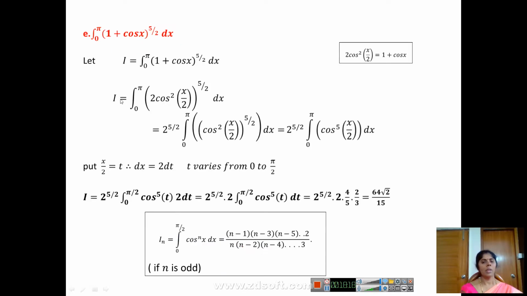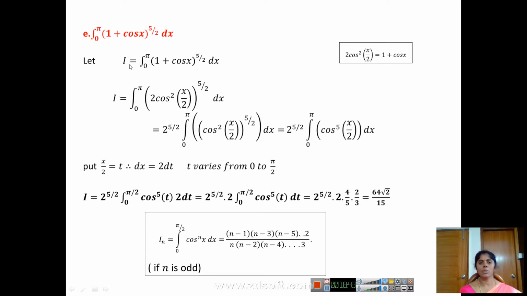Here again we have one more problem, that is the integral 0 to pi of (1 plus cos x) whole raised to 5 by 2 into dx. As we already discussed in the previous problem, 1 plus cos x can be written as 2 times cos square of x by 2. So we are expressing cos x in terms of half angles here.